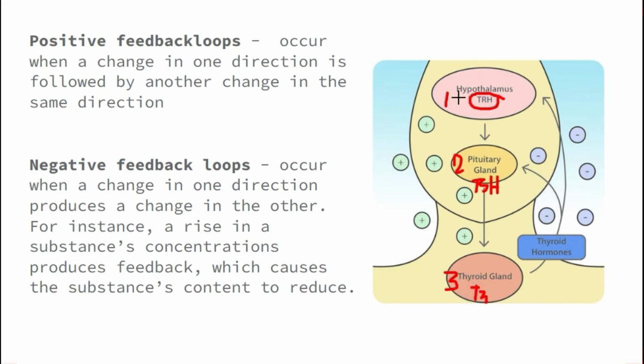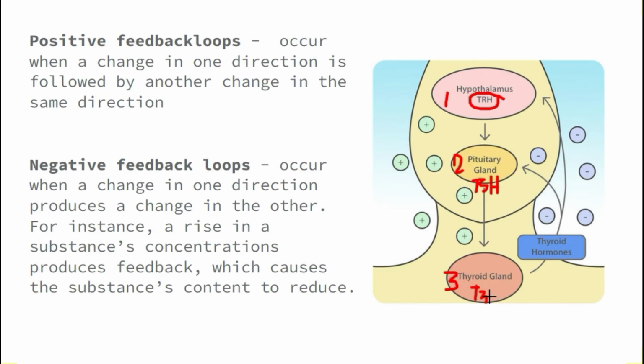So again, here is the normal process. Hypothalamus again will produce TRH. TRH will stimulate the production of TSH in the pituitary gland, while the TSH coming from the pituitary gland will induce the production of T3 and T4 in the thyroid gland.